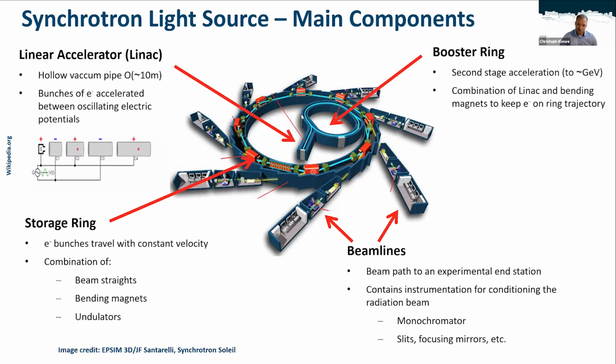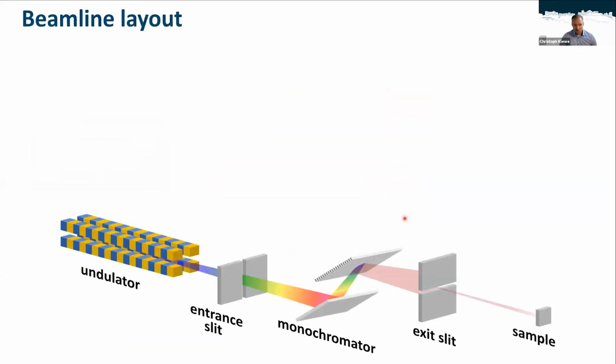And those X-rays are then emitted and go into the last stage of the synchrotron, which are the beamline branches. And the beamlines then contain the actual experimental end stations where we can do the experiments. Now, the main elements of a beamline are sketched here.